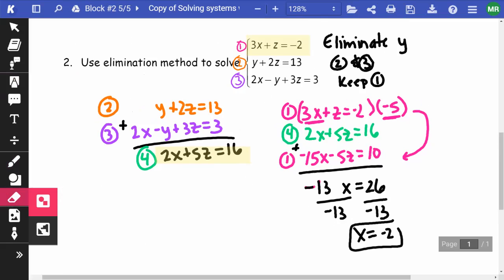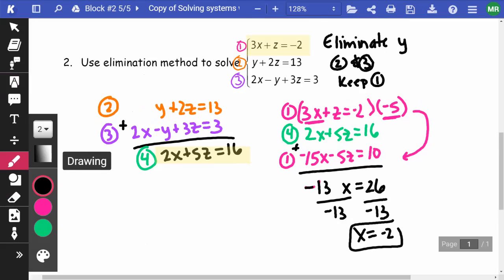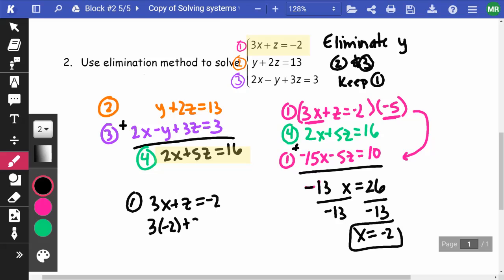I found my x, but I need to find my z. So I think I'm going to plug it into equation 1, which was the 3x plus z equals -2. I'm going to put my -2 in, so I'm going to get 3 times -2 plus z equals -2. I get -6 plus z equals -2. So my z is going to be 4.